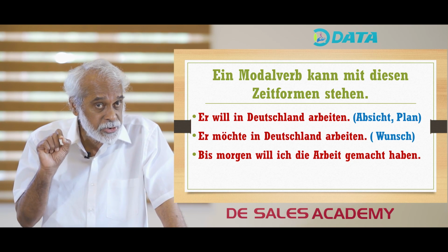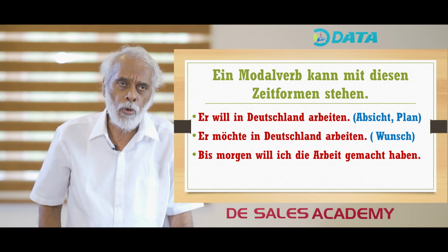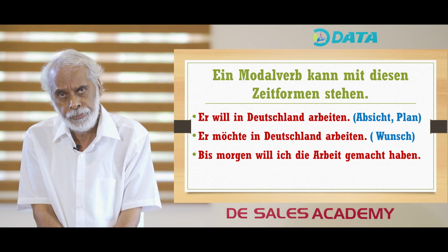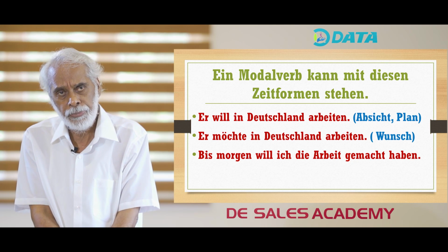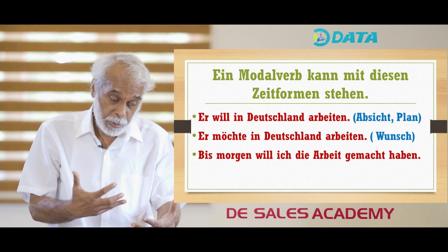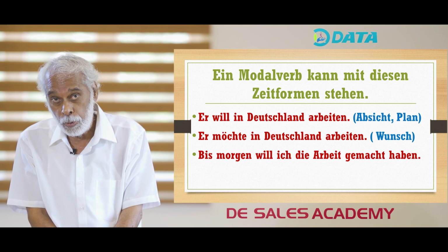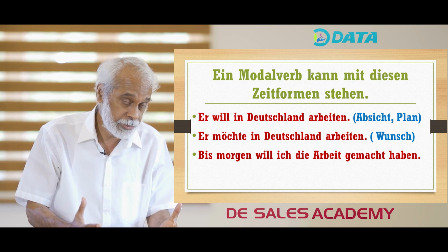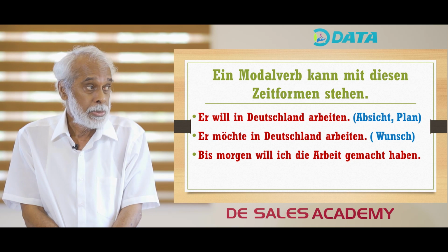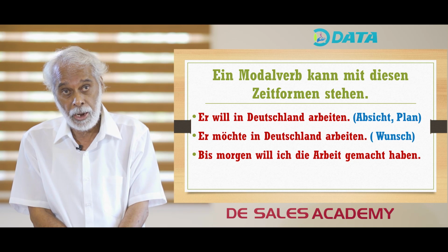When you use möchten, it just shows a wish of yours. Ein Wunsch. That's your desire. Okay, I want to work in Germany. That's your desire. But if you have started making preparations to realize this dream of yours, you started collecting books and started learning German and all that, then you have to say, with the modal verb wollen, will in Deutschland arbeiten.